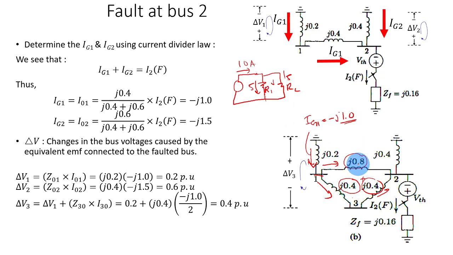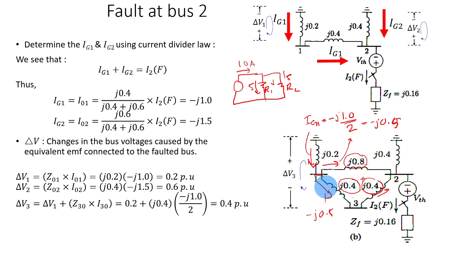Okay, all right. We want to find the current flowing through this branch and this branch, which will be minus J1.0 divided by 2. So this current is minus J0.5, and this will also become minus J0.5, right?